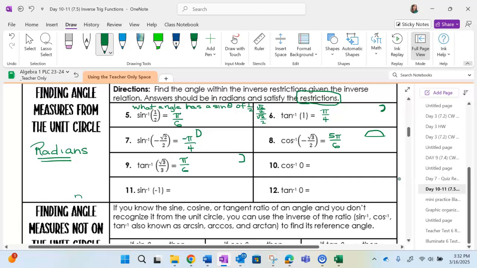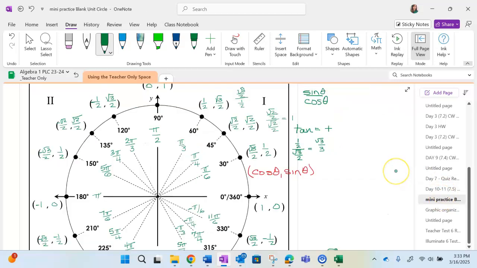All right, cosine, what angle? Cosine of 0. Okay, in order for that to happen, let's go look at our mini circle. So we can only use the top. So this would be 1 over 0. This would be, as a tangent, undefined.